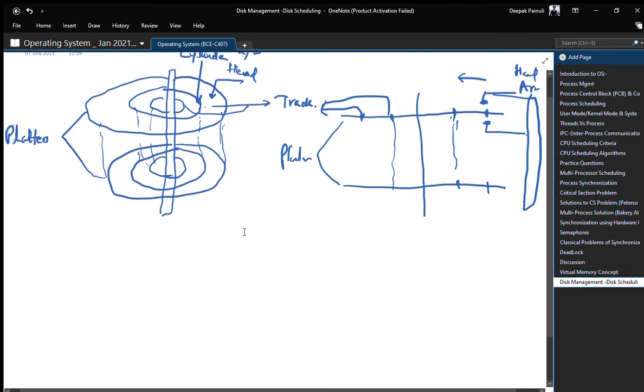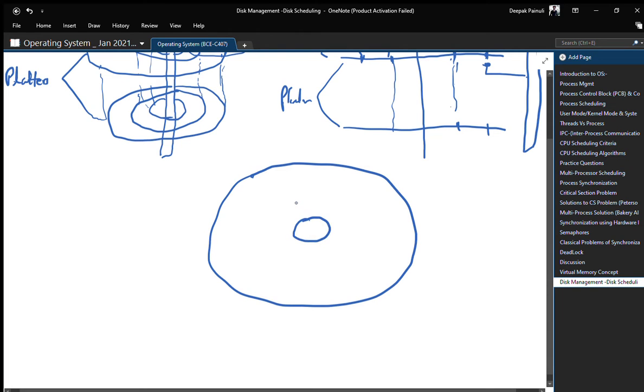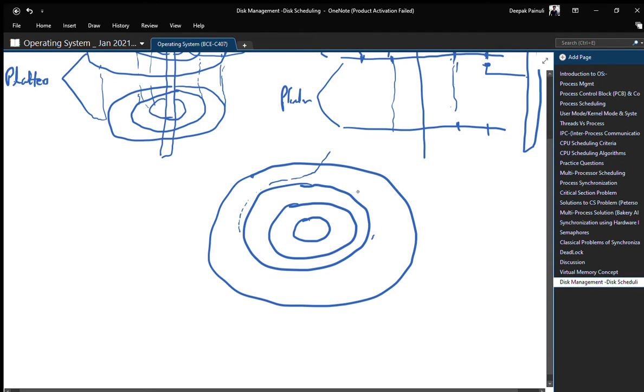To understand the different terms we are going to use in this topic, we first need to understand what we are talking about. A single platter will look like this. This complete circle is identified as a track or cylinder.